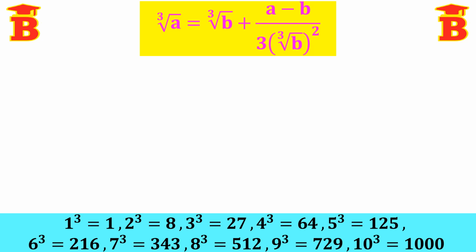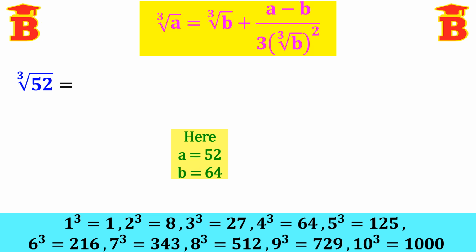Now let us find the cube root of 52. See the left side, here A value is 52. B is the cube number nearest to A. So here A equal to the given number in the question, that is 52.